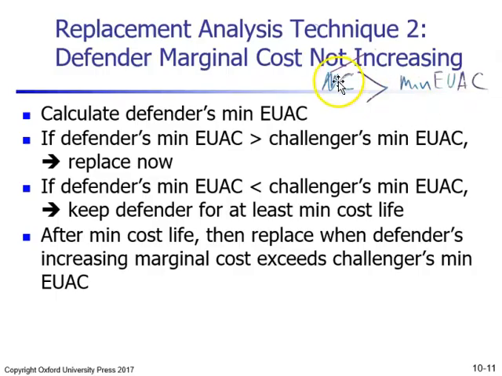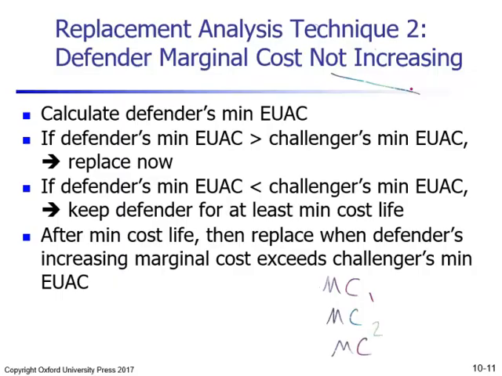So I gave you this preface to make you ready, or in fact readier, for technique 2, in which the defender's marginal cost is not increasing, and most specifically it is decreasing. So now you are going to understand the difference better. When it is decreasing, what does it mean? It means that marginal cost of year 1 is greater than marginal cost of year 2. Marginal cost of year 2 is greater than marginal cost of year 3.